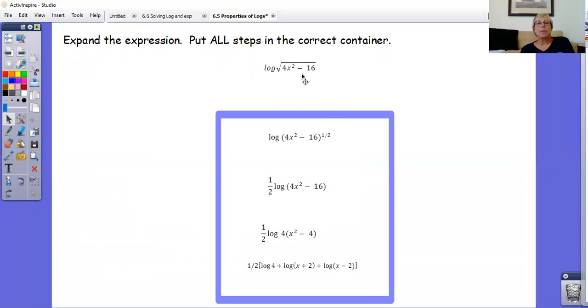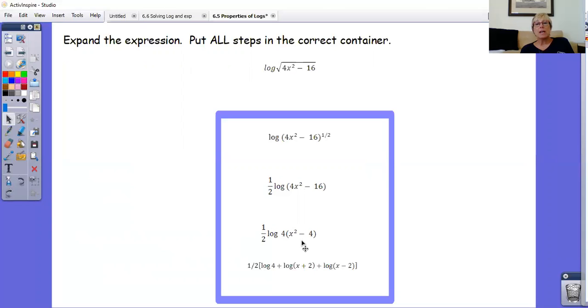In this problem, I'm going to show all of the steps that I could possibly use. So I'm going to take this log and change it from radical form and put it as an exponent of 1/2. And then I'm going to bring the 1/2 down in front. I could bring a 4. I can factor out the greatest common factor of 4 in this step.